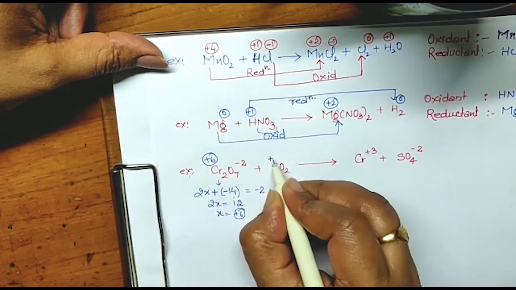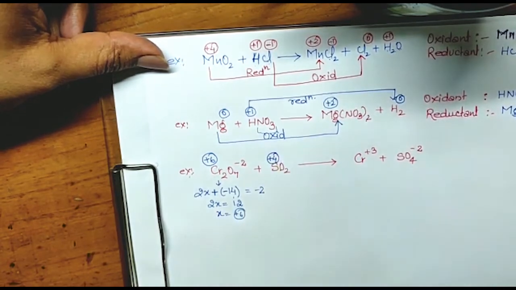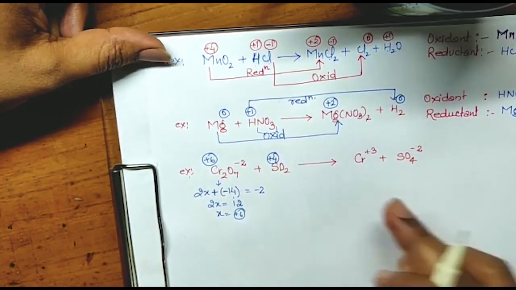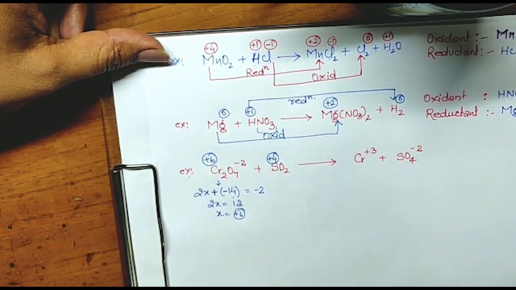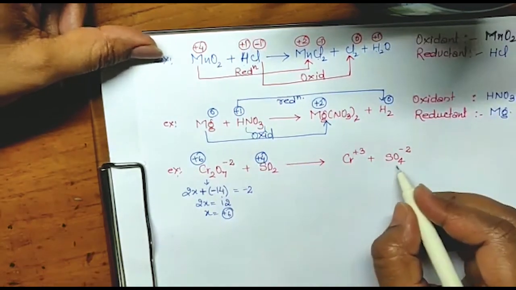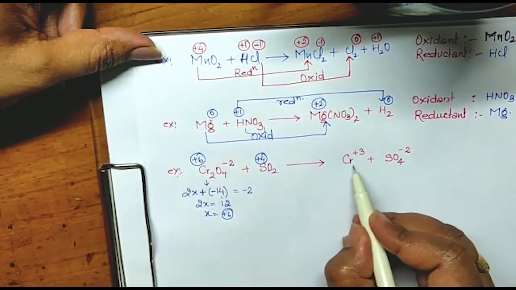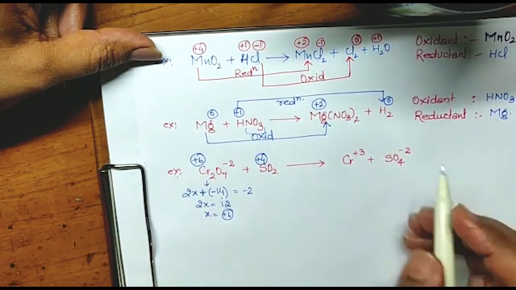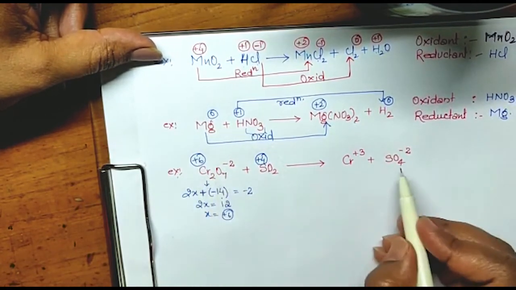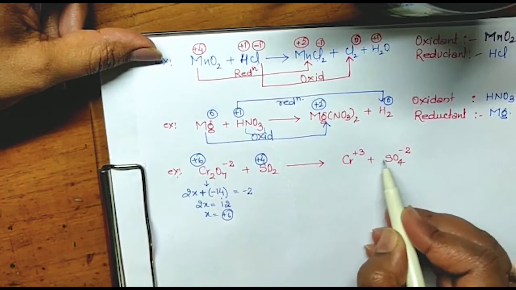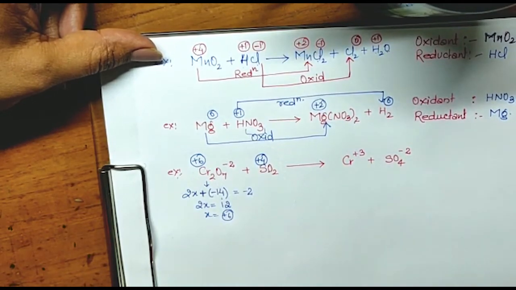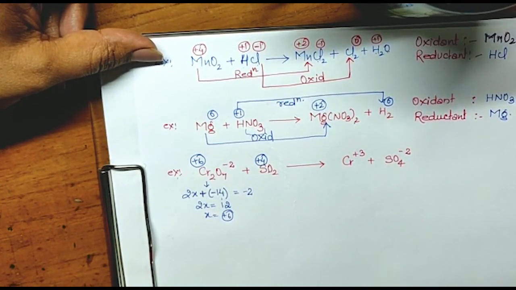So to make it 0, the sulfur should have plus 4, isn't it? Are you getting it? Here chromium has already been given the charge, so we'll not find anything. In this case the single atom is there with the charge, so we'll not find. But in this compound or in this compound, the charge is on the whole group. Got it? So here we have to find the oxidation number of the single atom.